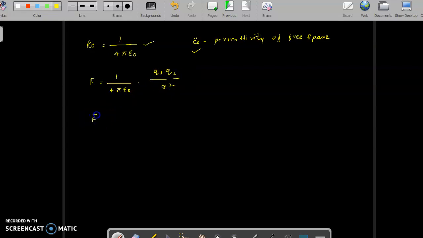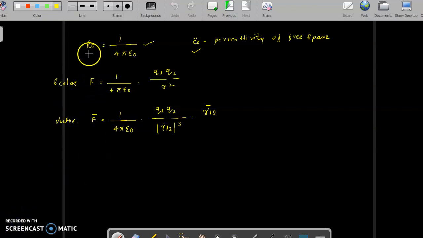The vector form of Coulomb's law of force is 1 by 4 pi epsilon naught, Q1 Q2 by R12 cube, multiplied with the R12 vector. This is the vector form of the force of attraction.